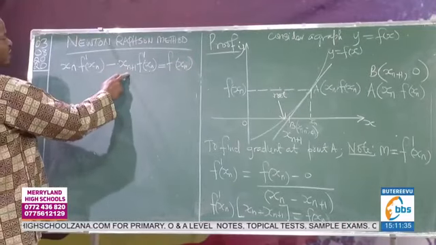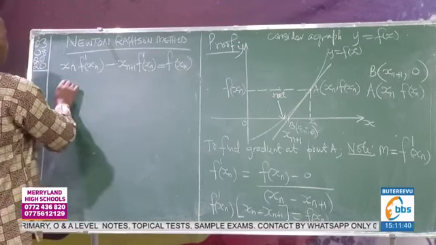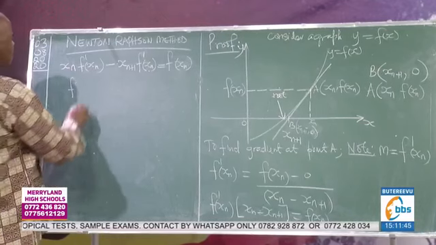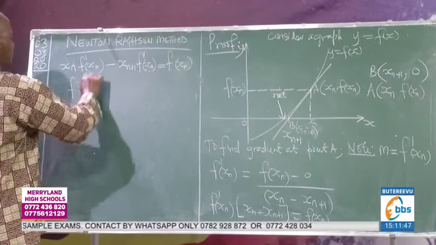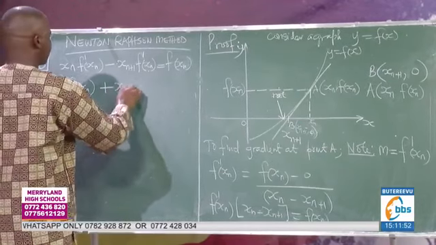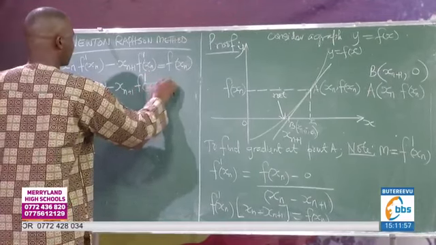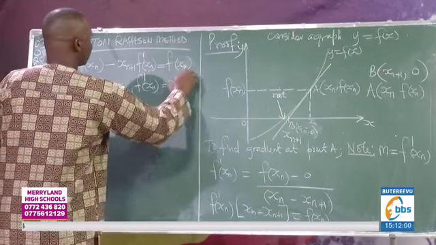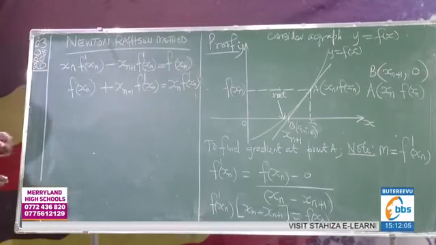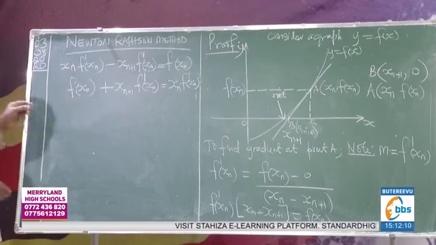Since my interest is this one, I am going to take this the other side, and that means that when I take it the other side, I will have my f of xn plus my xn plus 1 into f prime of xn should be equal to xn into f prime of xn. I want this only, so I'll take this the other side.